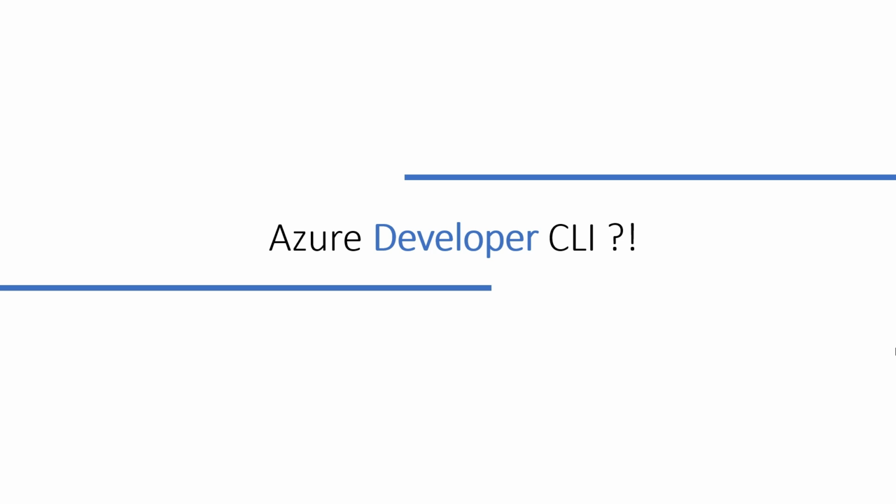The first time I heard about Azure Developer CLI, I was wondering what the developer part represents. I was accustomed to Azure CLI, which enables us to manage, deploy, and create infrastructure on Azure. But Azure Developer CLI was kind of a mystery to me.